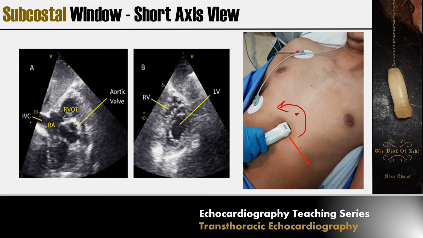Now you have to angulate the probe to cut at different levels of the heart: basal level, mid level, and apical level. This is not a mandatory view to take in all patients, but sometimes if you did not get for any reason a good short axis view in the parasternal window, you can do it from the subcostal window.